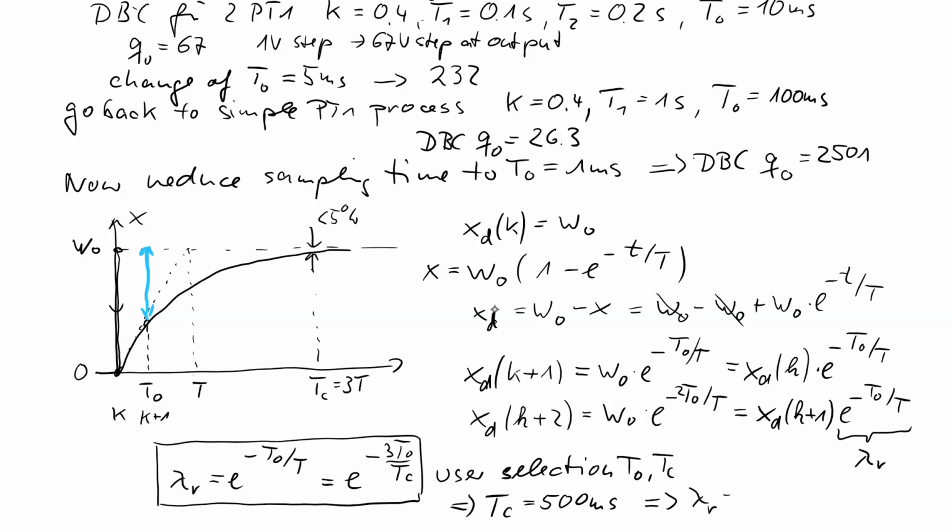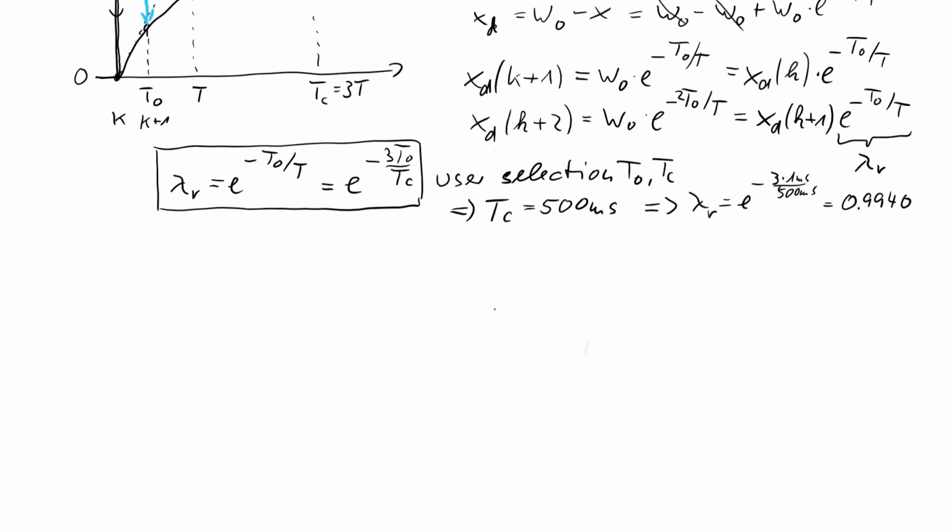Lambda r, as a number example, is e to the power of minus 3 times 1 millisecond divided by 500 milliseconds. In digits this is 0.9940.